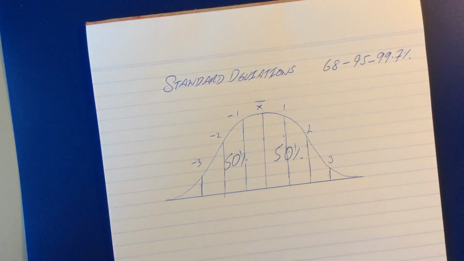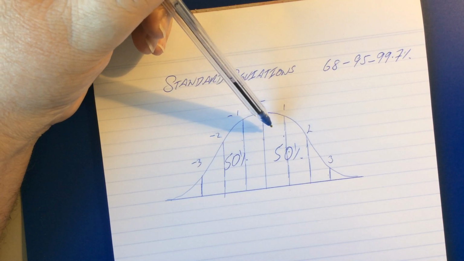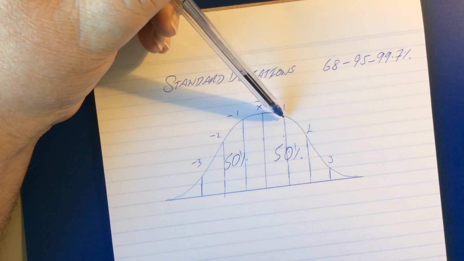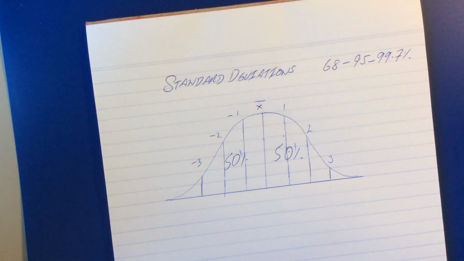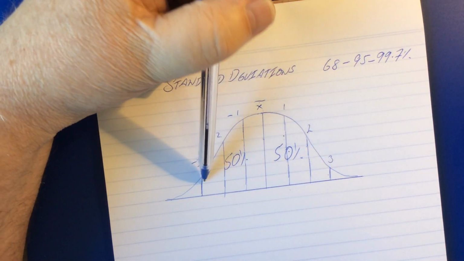Right. So what do they do? Well, they break up the data into more manageable and understandable groupings. It's as simple as that. And they give us an idea of how far from the mean, the average, a particular piece of data is. So if a piece of data is 3 standard deviations from the mean, it's either up here or it's down here.